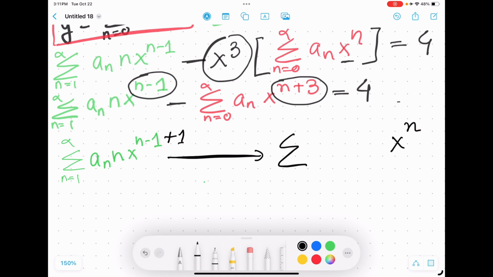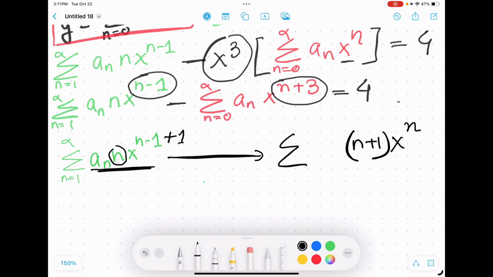Now, in our math rules, basically, if you are adding plus 1 to one of the n's, that means you also have to add plus 1 to all my n's in my power series. Okay, that's involved inside the power series. So that means this n right here will now become n plus 1.